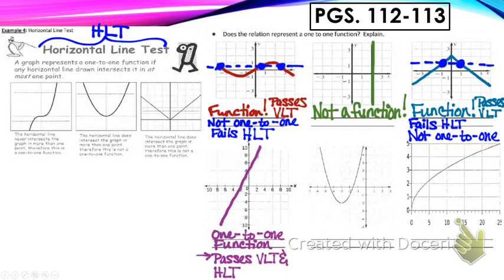What about this parabola here? Is that a function? Yes. Vertical line, does it pass? Yes. Horizontal line, it doesn't pass. So yes, it's a function, but it's not 1-to-1.